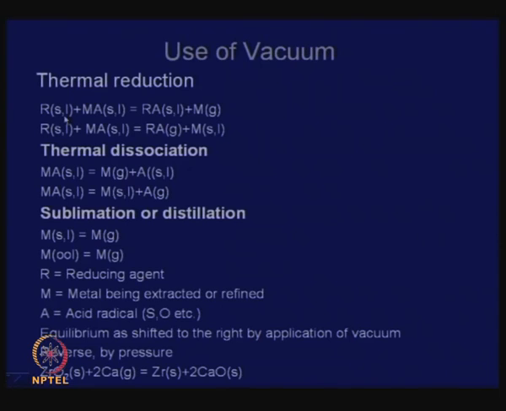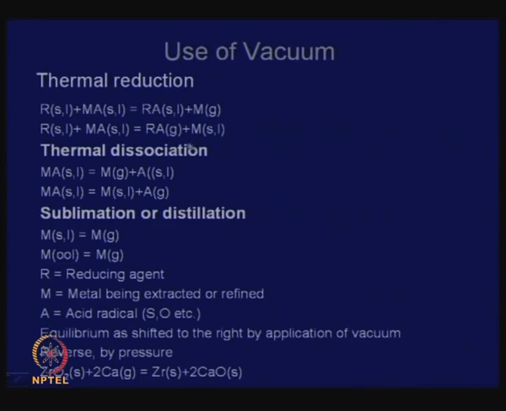Now, when we talk about reduction processes, if we have the metal as a compound, solid or liquid, and a reducing agent, solid or liquid, then we can produce the metal either as a gas or solid or liquid.